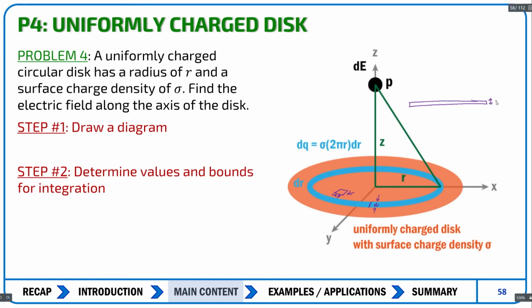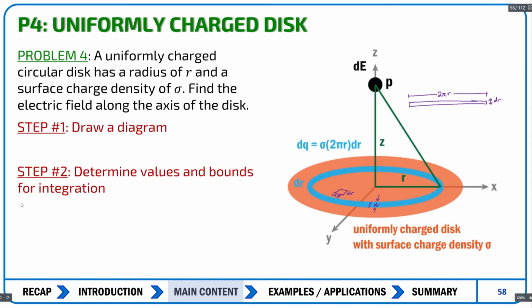That is dr. And then you end up with this being 2 pi r. And that gives you some sort of area. So there are multiple ways of solving this, but the easiest way is to make things simpler for us. And that means getting the easiest area to solve for.